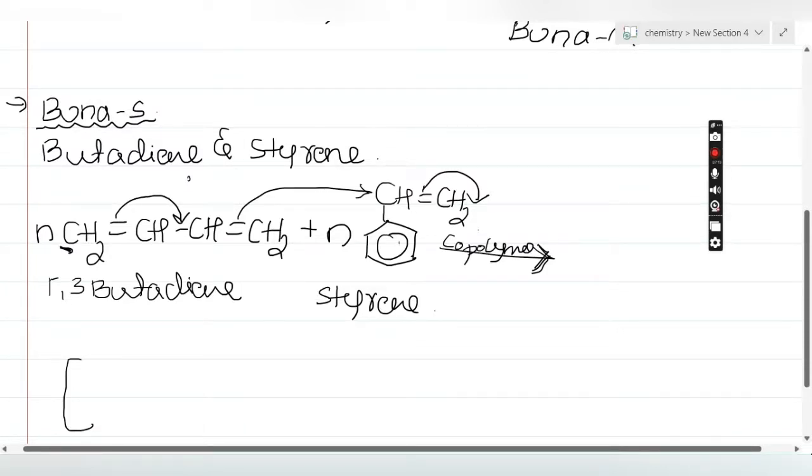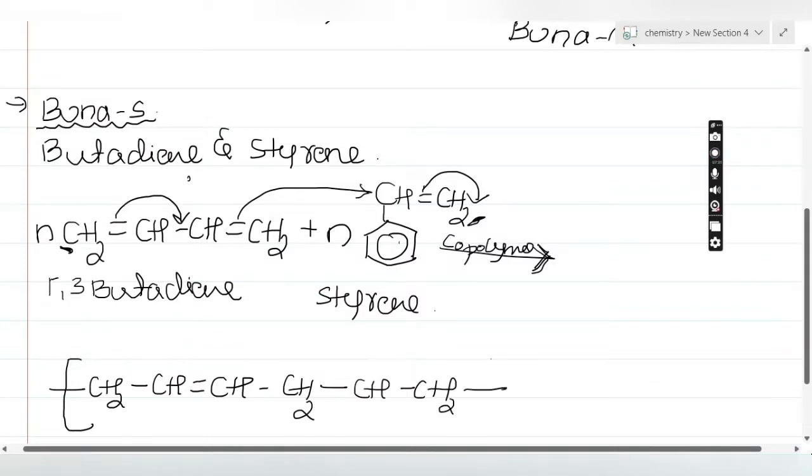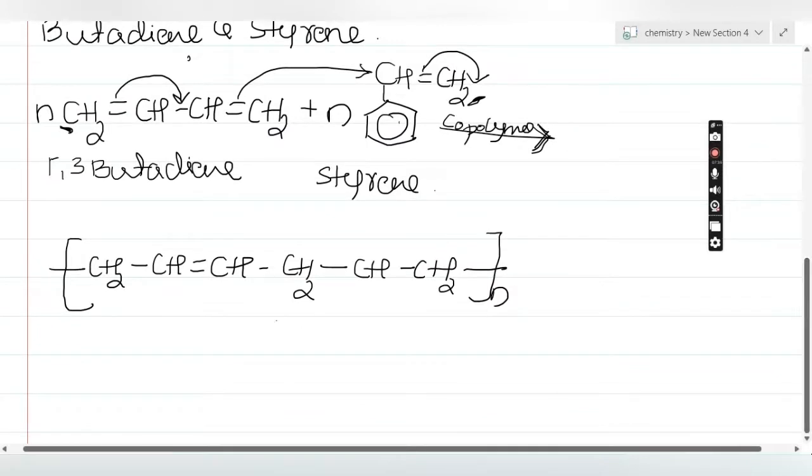You can easily visualize. Now down here, what is there? CH2, the double bond becomes single bond, that is CH double bond CH, single bond CH2. This CH2 is then connected to CH, single bond CH2, repeated n times. But remember, at the CH you have a phenyl ring attached, that is a benzene ring attached.